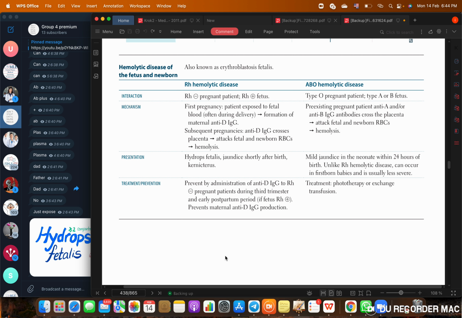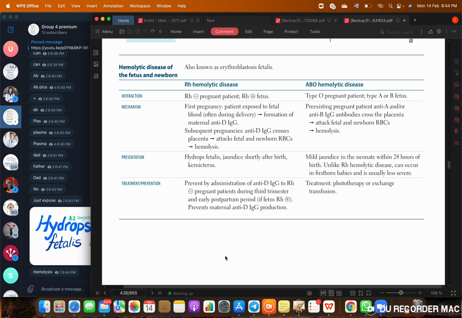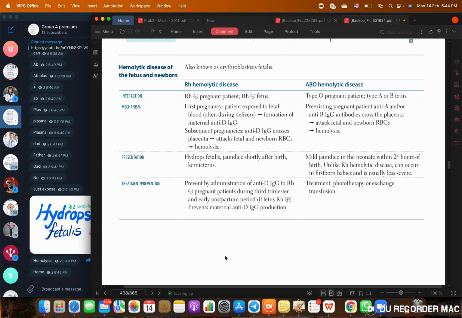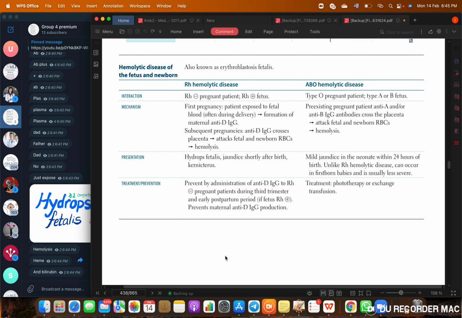Hemolysis: heme will be broken down into iron and protoporphyrin, which eventually makes bilirubin. This bilirubin is going to be unconjugated and it can lead to jaundice.